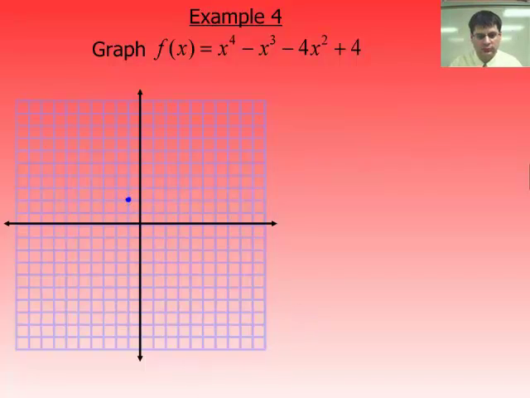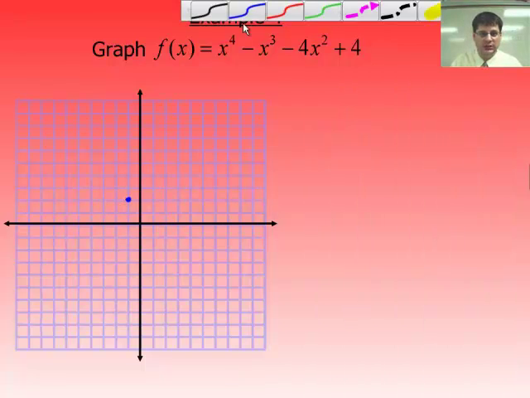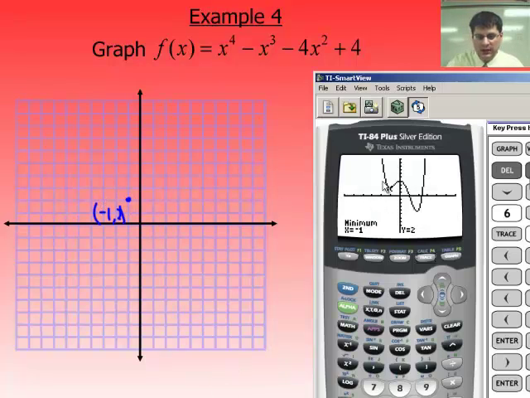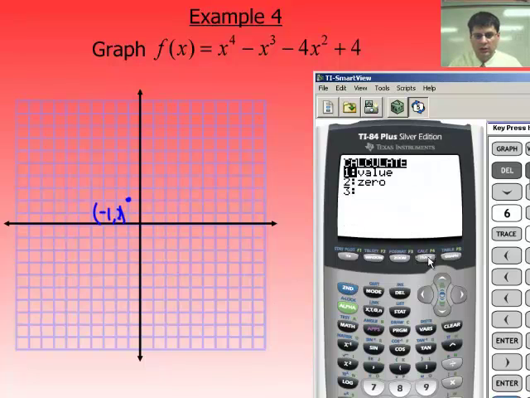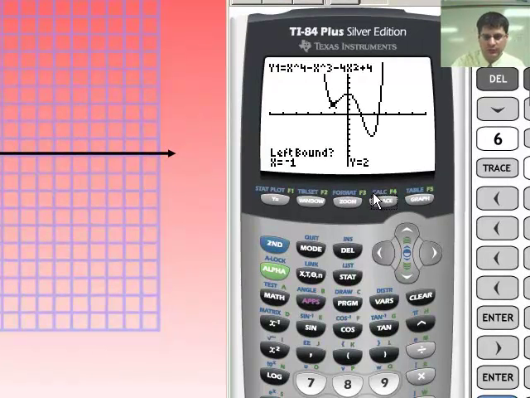Then I'm going to label that point so that I know it is a local minimum. So -1, +2. So be sure you do that. Then I'm going to find my next local, and now I'll do a local maximum.